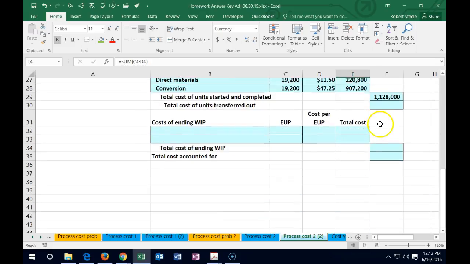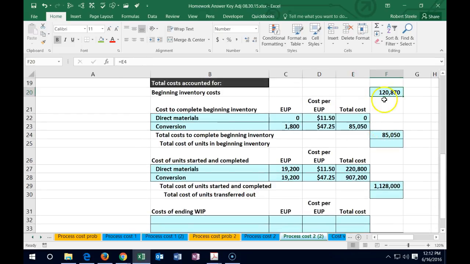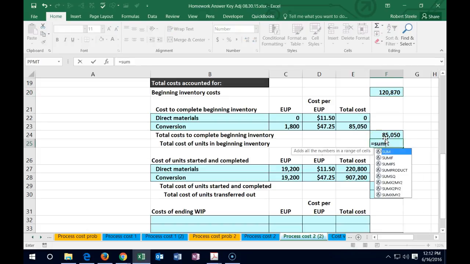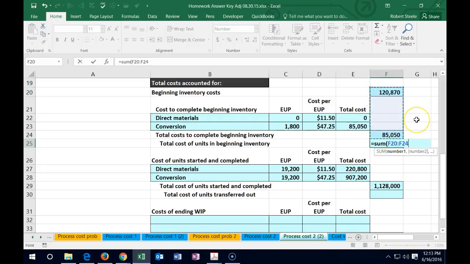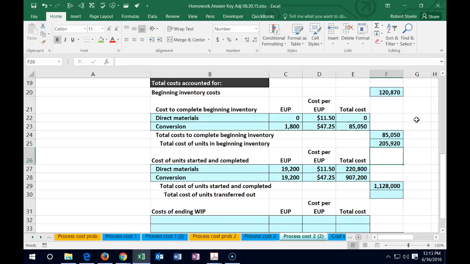That's what's in the work in process at the beginning. Then we allocated another 85,050 to those units. Therefore, if we add these two up, the sum of what was already in the work in process plus the dollar amount we allocated to those units, means that we have 205,920 there.